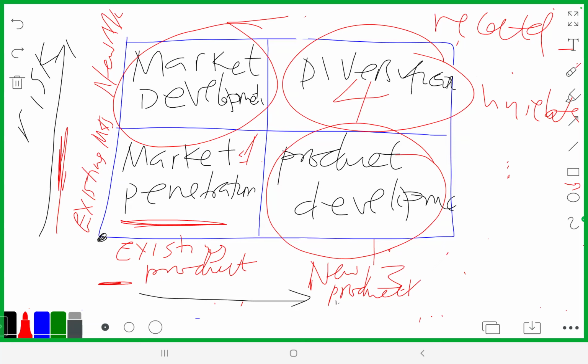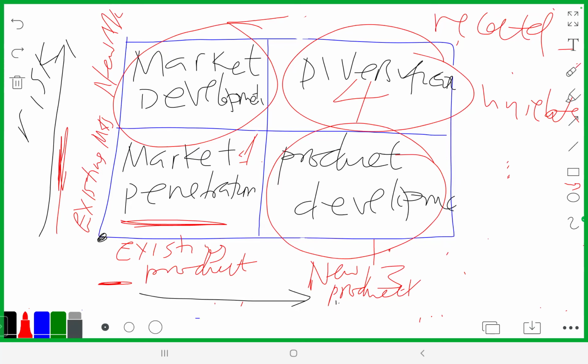Related diversification is usually deemed to be of low risk, compared to unrelated diversification. However, all these movements are risky to some degree.